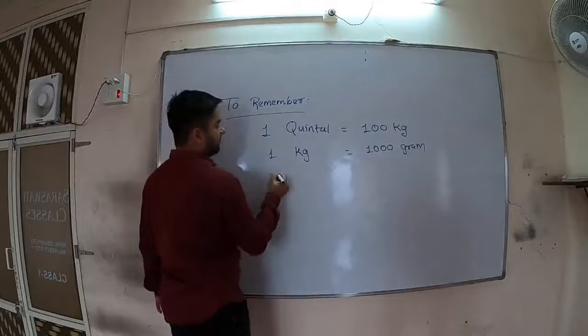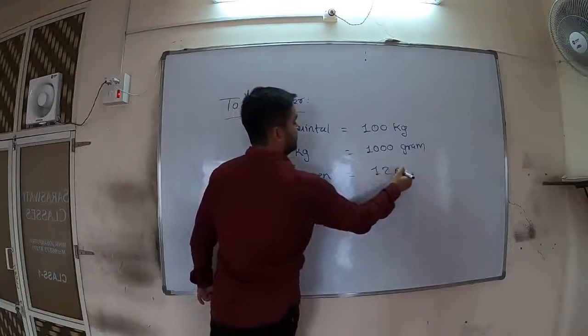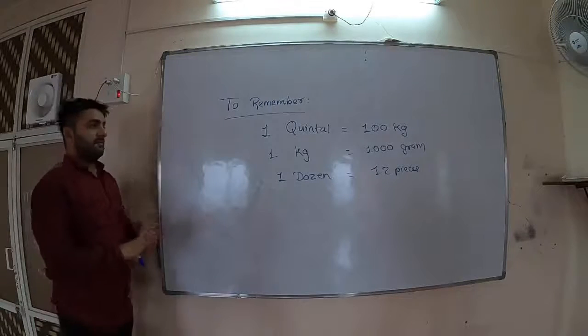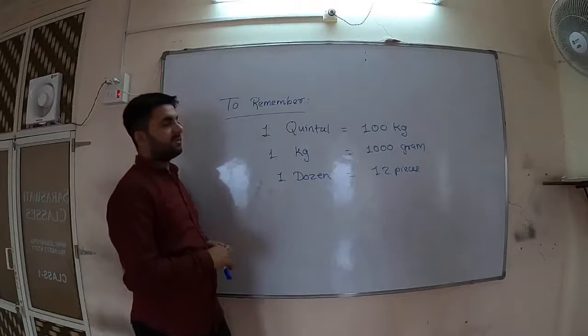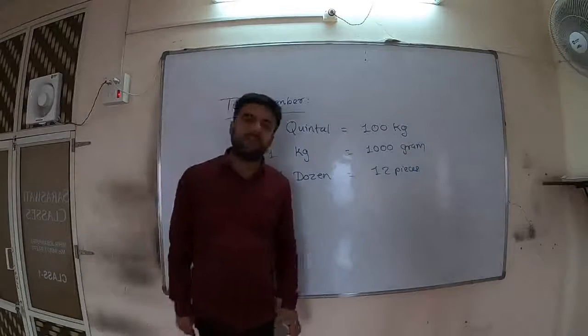All know only. 1 dozen is equal to 12 pieces. Write this also: 1 quintal is equal to 100 kg, 1 kg is equal to 1000 gram, and 1 dozen is equal to 12 pieces. No other unit will be written.